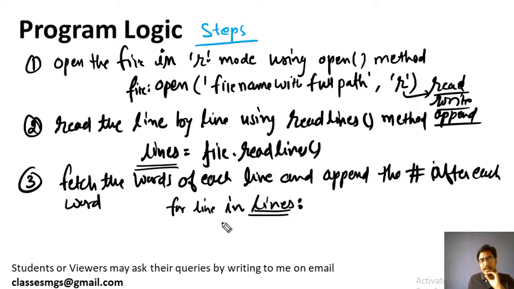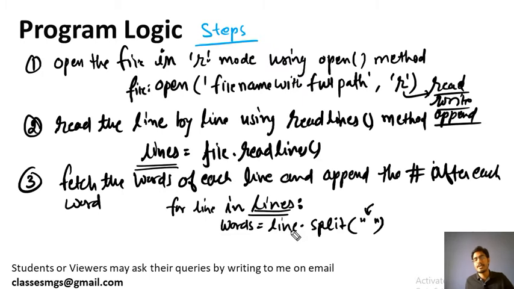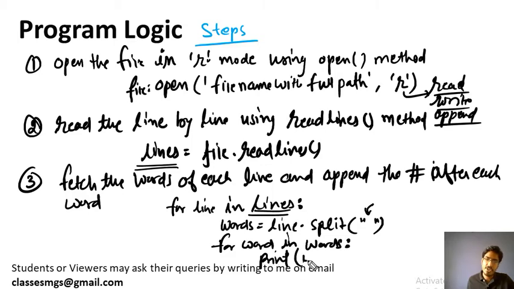To get the words list, we do line dot split, and by default if you don't pass anything, it will split using space only. Then you iterate each word and print each word, and at the end of the word you append the hash, like this.